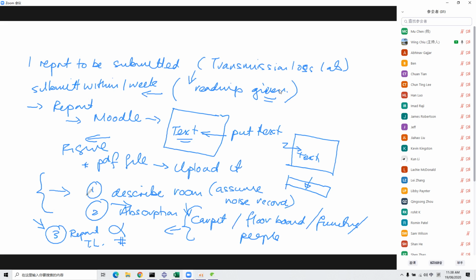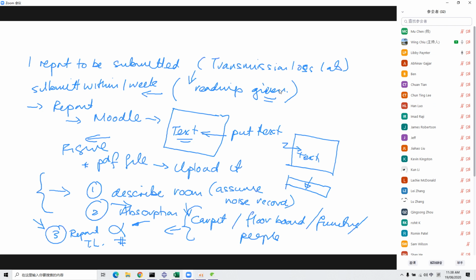But 1 and 2 is where a lot of the qualitative engineering actually takes place, because you need to look with your eyes and observe how the room or the place is constructed, and then from there you'll be able to have a reasonable estimation of the absorption characteristic of the place that you're measuring. When we come to this part of the course, hopefully the stuff that you did in the lab and the things that you've reported will make a lot more sense then. Don't make it big.